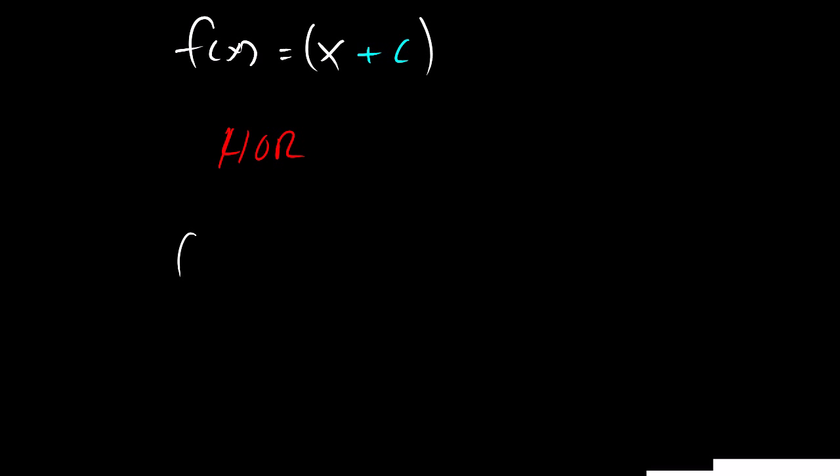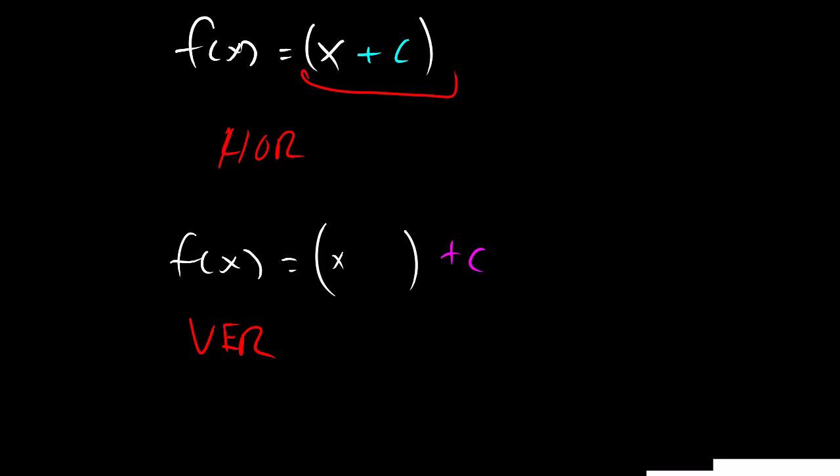If I have a function and my quantity, whatever my x is doing on the inside, and I have some number that's being added or subtracted to the outside, this is going to be my vertical shift. So whenever you see something on the inside, horizontal. Whenever you see something on the outside, vertical.